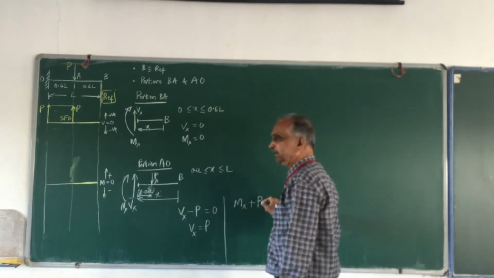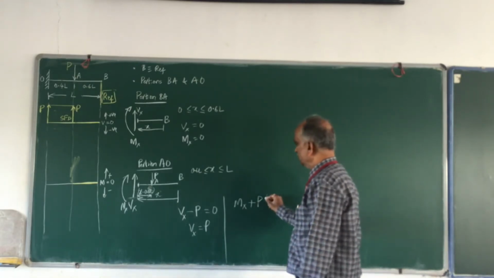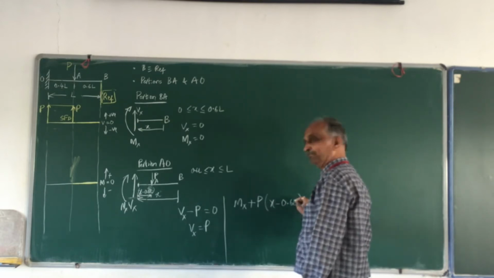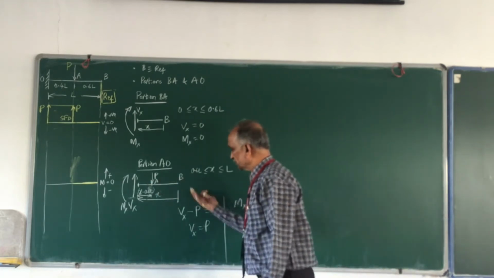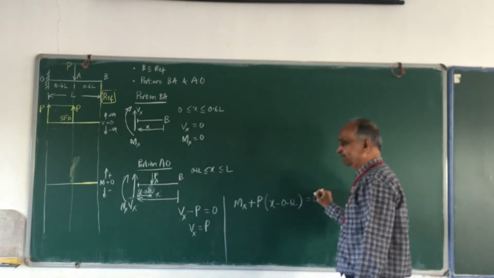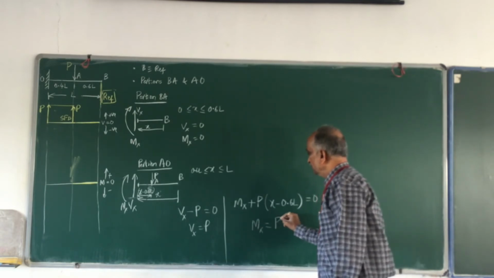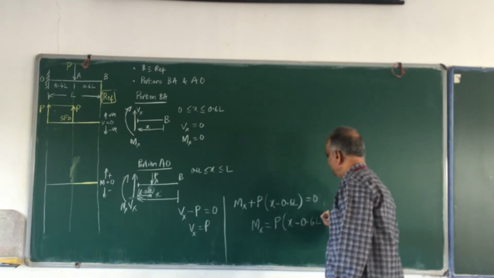This is equal to P multiplied by the distance between the force and the section. This is equal to x minus 0.6 L. Okay, then no other force, nothing, that's all. This is equal to 0. Therefore, Mx is equal to P multiplied by x minus 0.6 L.